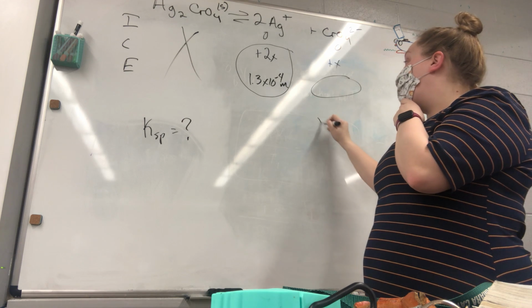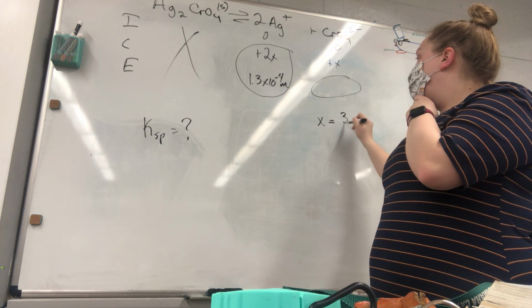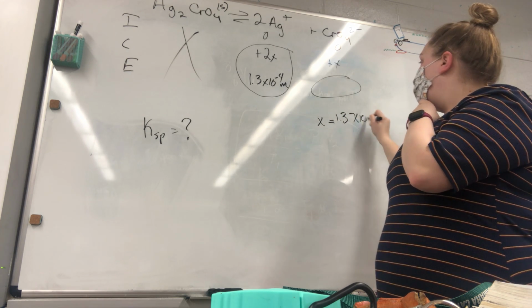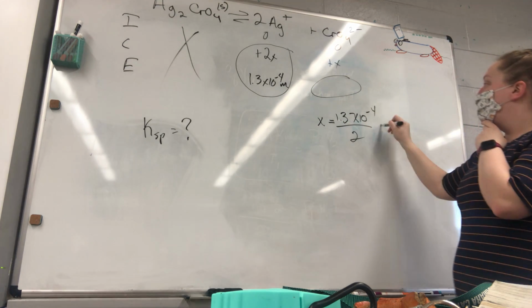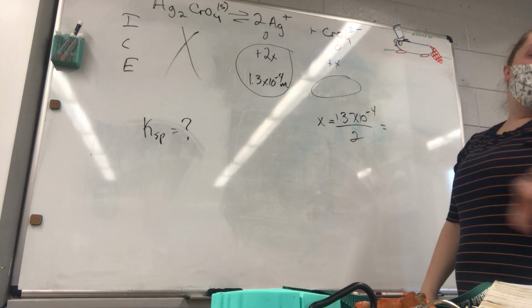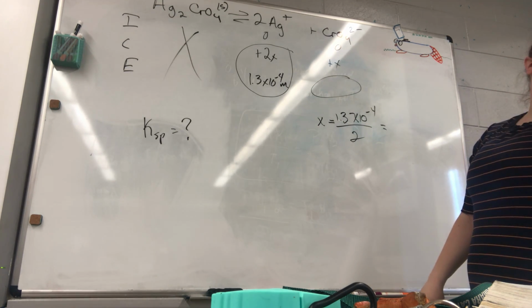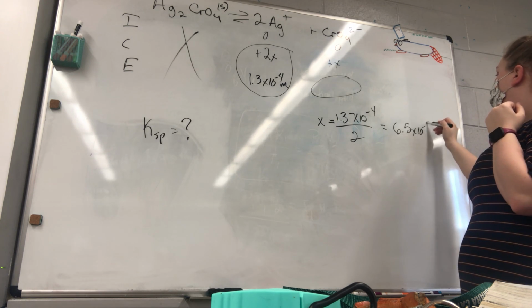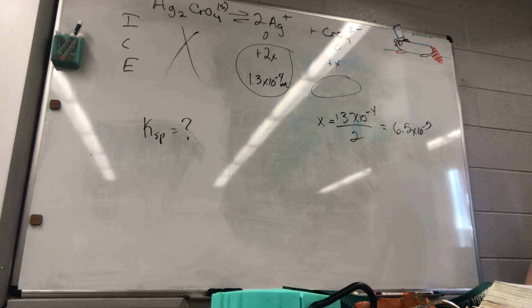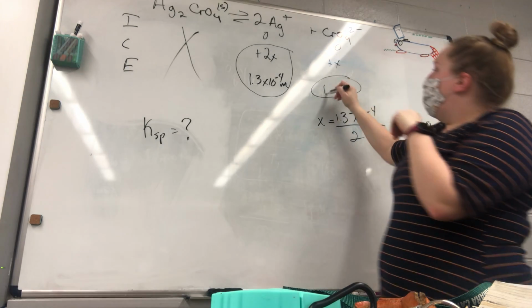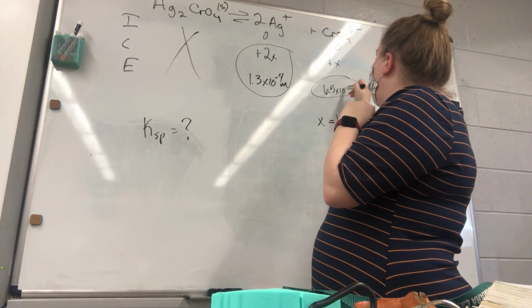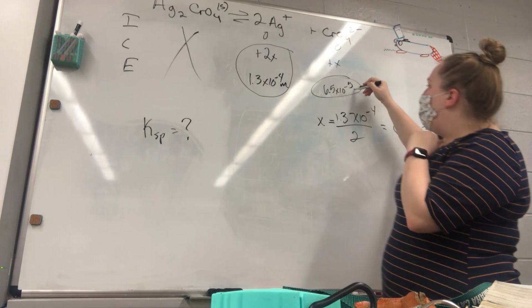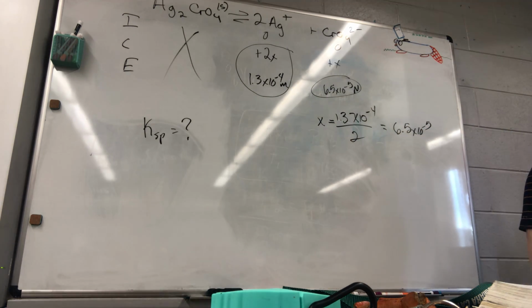So we can figure out what x is. I got a number of that. I'm going to put that in my equilibrium table in hopes that we see what we have to do next.